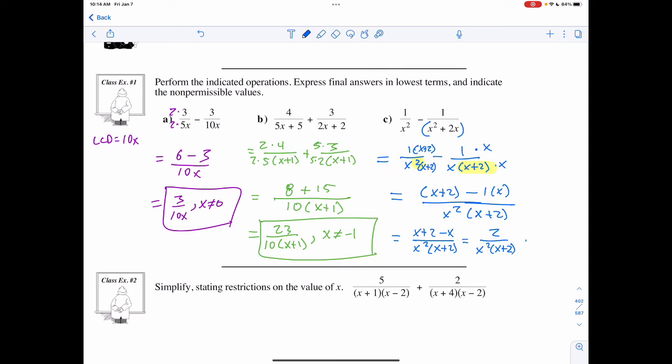And this is true so long as x does not equal either -2 or 0. The -2 comes from the binomial, and the 0 comes from any time I have an x outside the brackets.